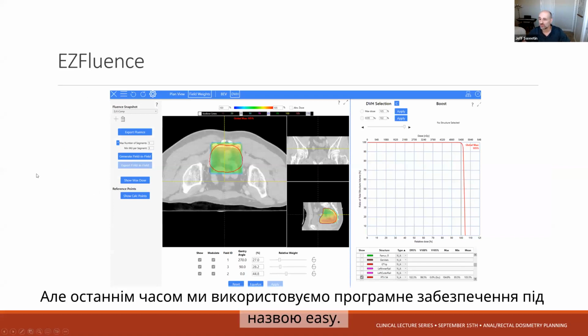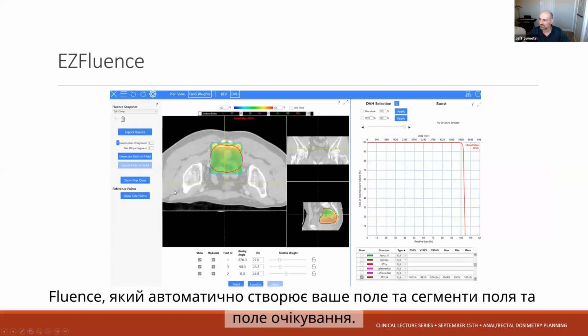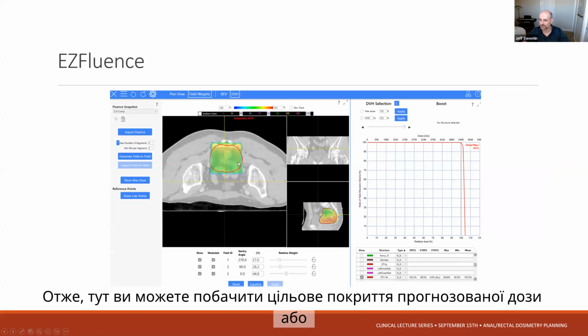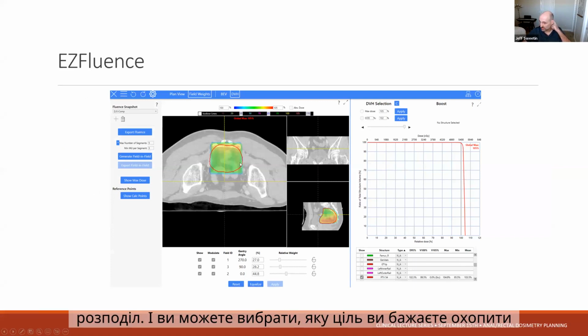But more recently, we've been using a software called EasyFluence that automatically creates your fields, field segments, and field weighting. So here you can see the target, your predicted dose coverage or distribution, and you can select which target you want coverage to.